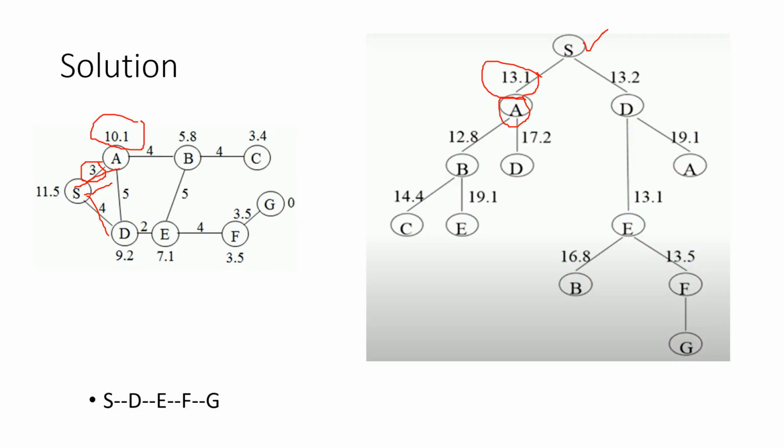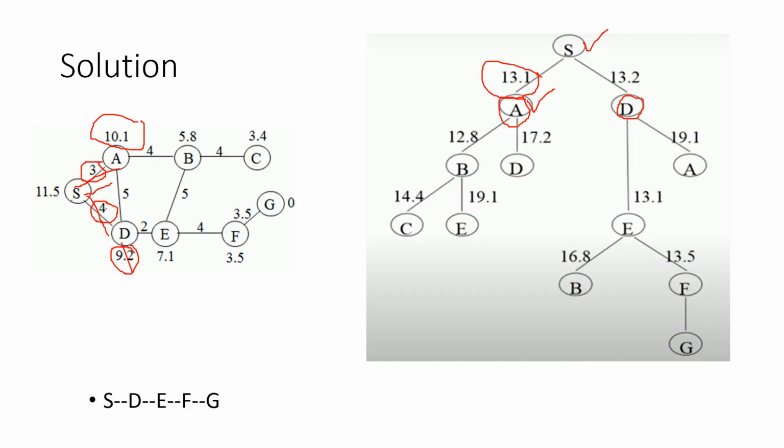Then if we are going to node D, from the first figure, from start node to D the cost is 4 and h will be 9.2. So if you are adding 9.2 plus 4, that is 13.2. Then if you are checking these two, we know that this is the lowest.